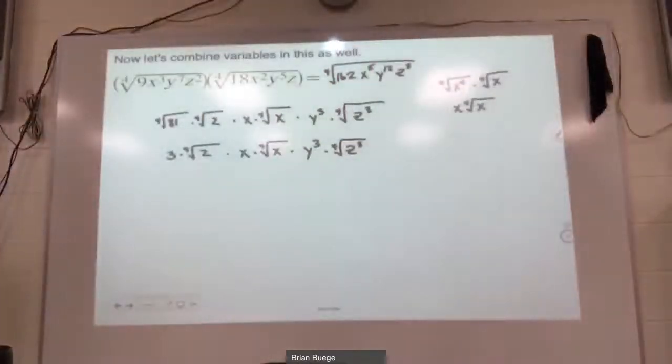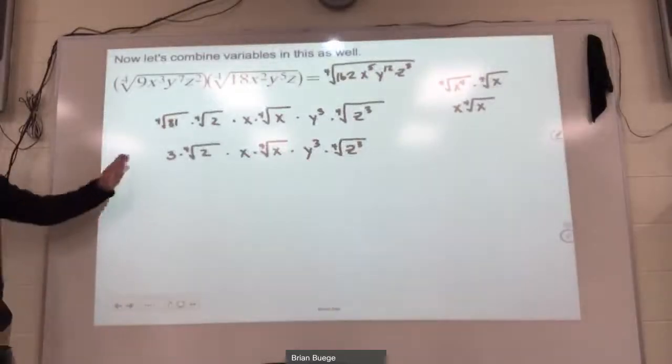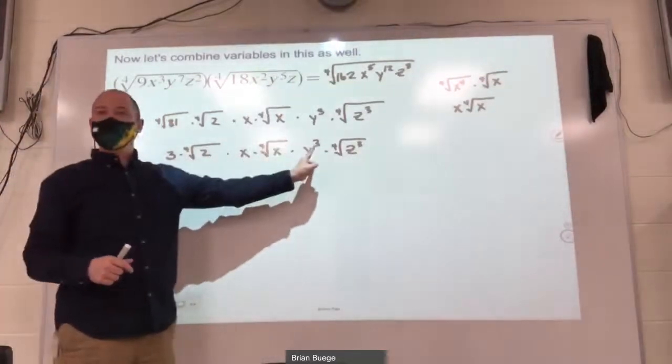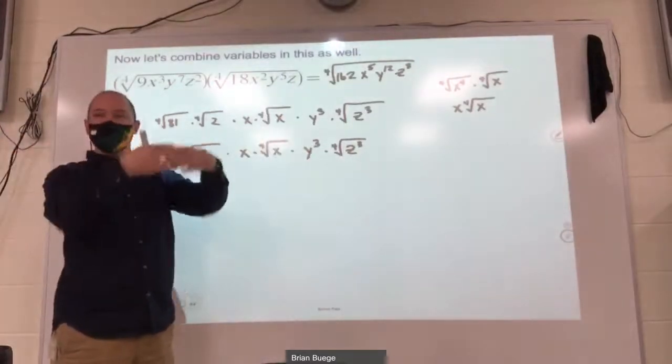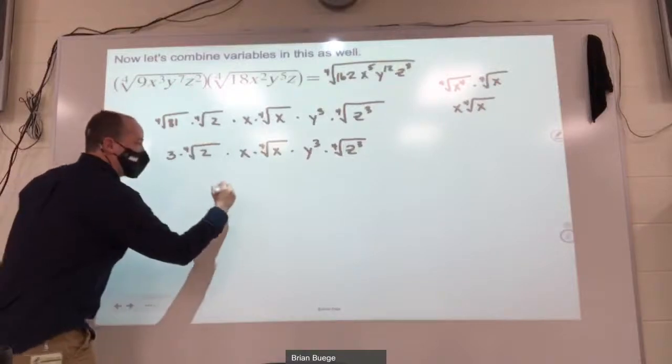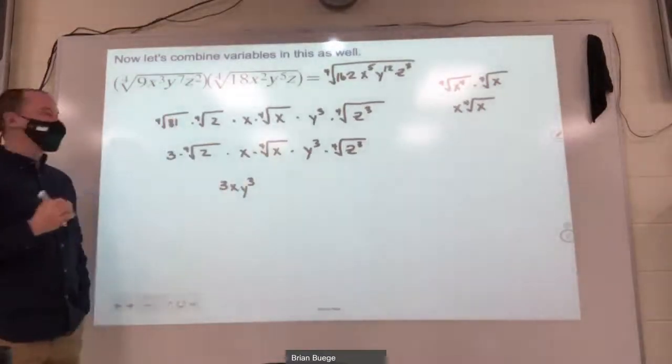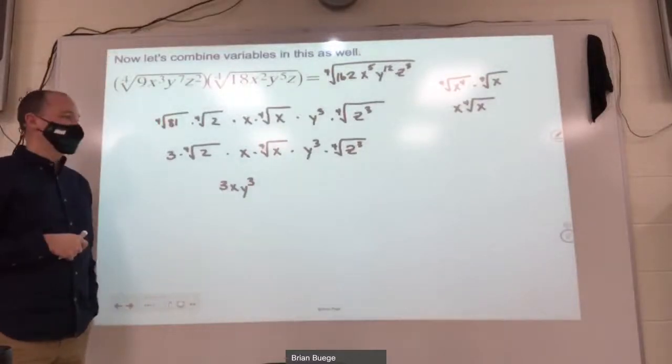So here's your final step. Anything that's on the outside of the radical, we said when you multiply, outside times outside, inside times inside. 3 is on the outside, the x is on the outside, the y cubed is on the outside. I can multiply them all together, so we get 3xy cubed. That's all on the outside of the radical.